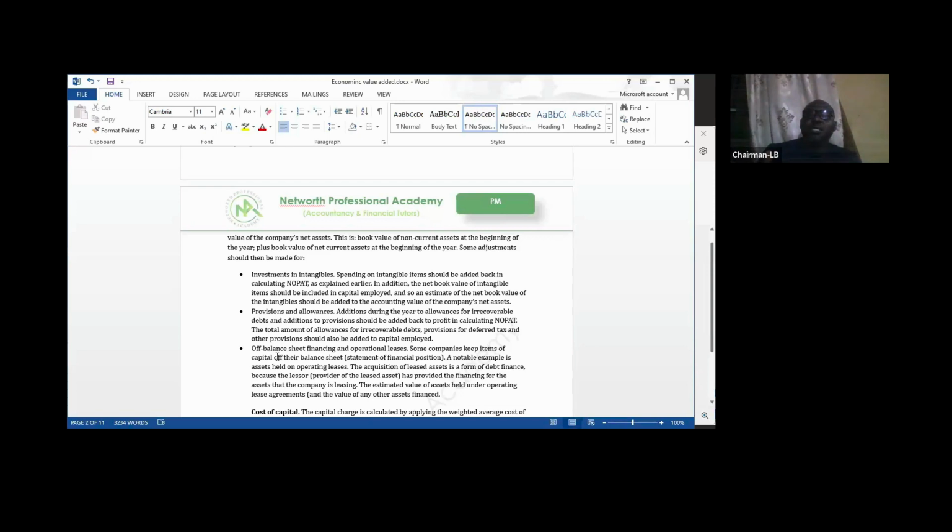What I am trying to emphasize is that operating lease should not be seen as an expense. That asset is used to create value and is part of the capital the company has employed and should be added back.